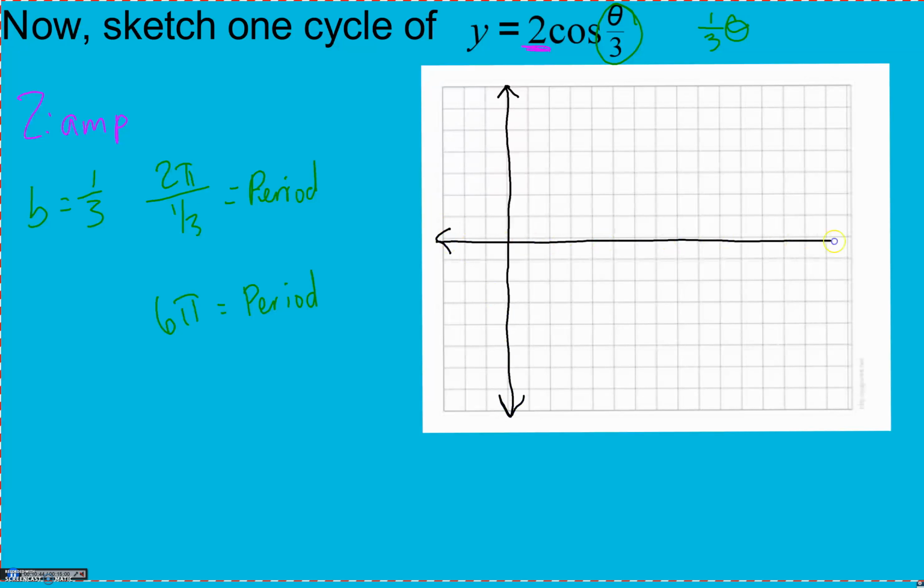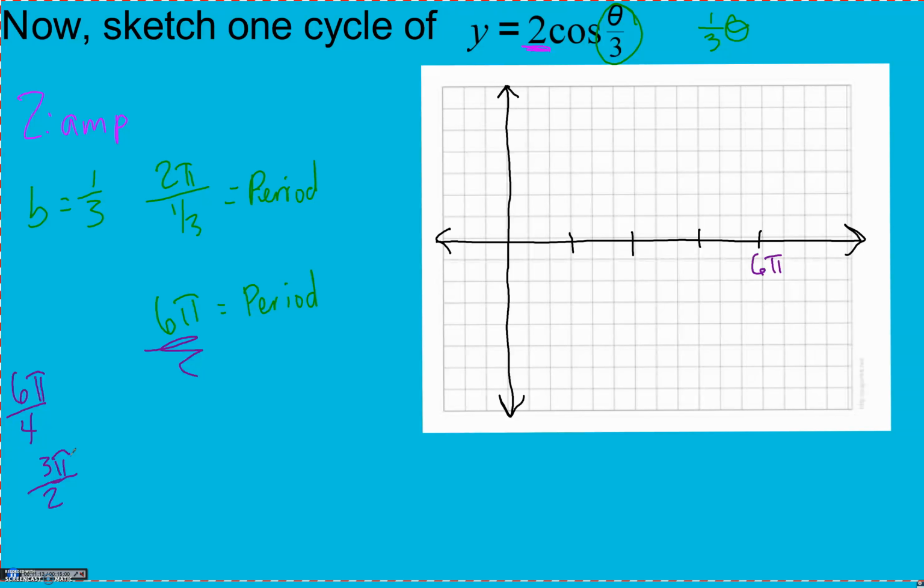Drawing my axis here. Six pi is my period, so that's what I label my fourth one as. Now I take that, and since I split it into 4 pieces, I'm going to divide it by 4. I'm going to simplify and get 3 over 2. And again, I put that pi in last if you want. We can think about them as fractions with pi multiplied at the end. It's a constant.